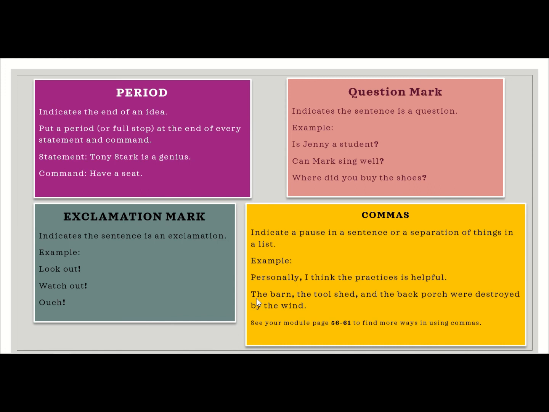The barn, the tool shed, and the back porch were destroyed by the wind. The list goes with the barn, the tool shed, and the back porch. And if you put the list in a sentence, to separate each item in the list, use a comma. There are many other ways of using commas. So please see your module pages 56 to 61 to find more ways of using commas.